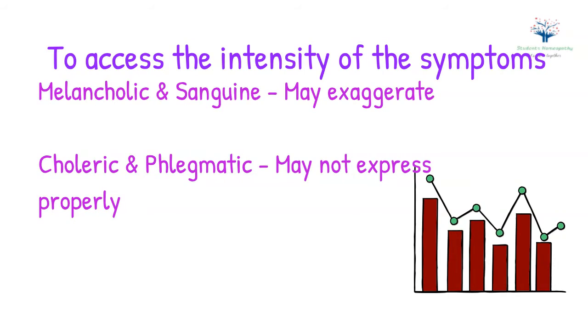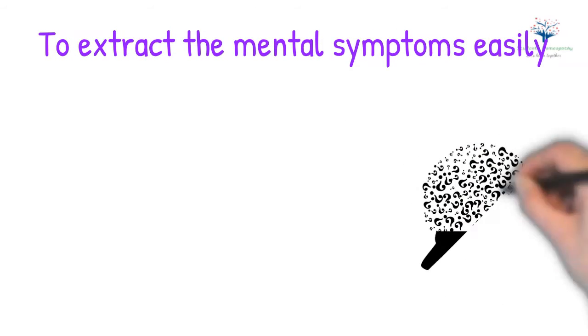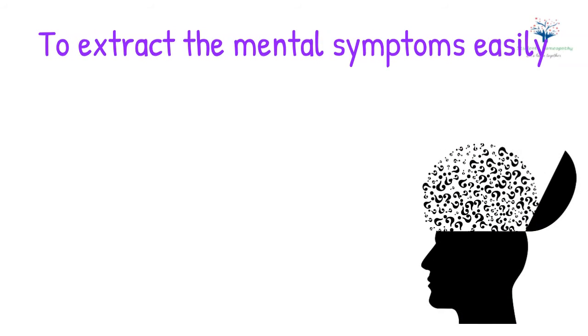Coming next, the knowledge of temperaments can help a homeopath to extract the mental symptoms easily. Study of temperament facilitates the extraction of other mental symptoms easily in every case, because the physician now knows the basic nature of the patient.